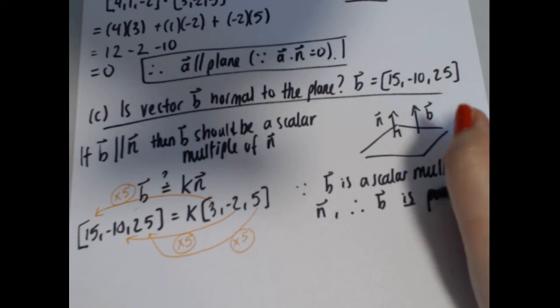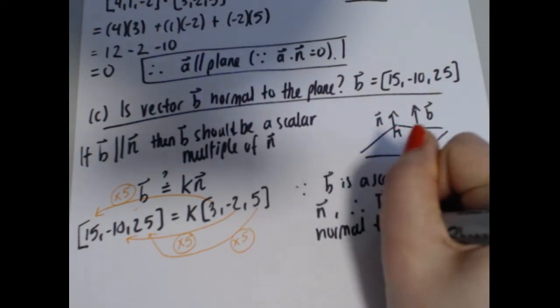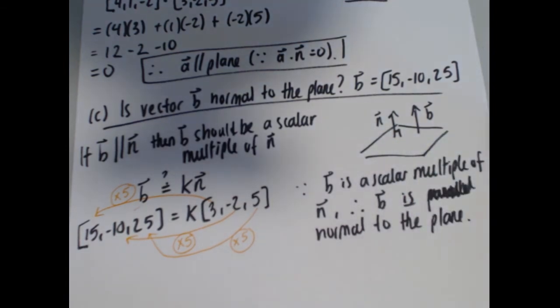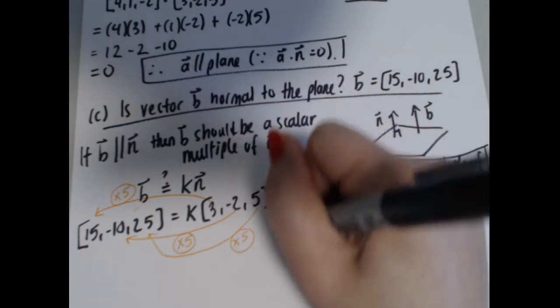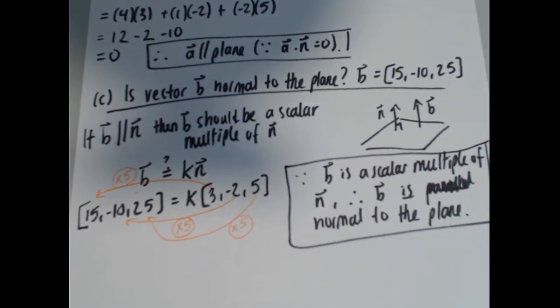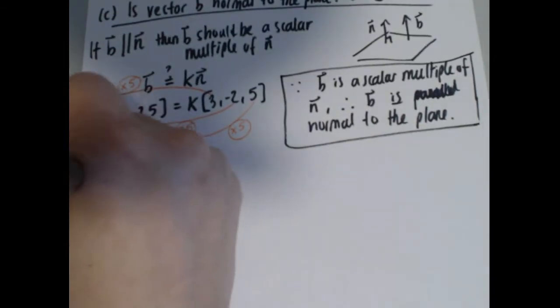Oh, sorry, not parallel. B is normal to the plane. Stick that in a box. All right, so there we go. That's part C. And we're going to move on to the last part of this example, part D.